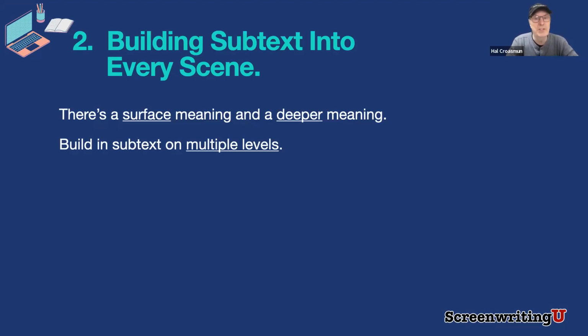This is multiple levels. The police come in, and it turns out the whole thing was a setup. The boss has been watching him on a closed circuit TV camera or whatever. And so there's at least two levels beneath the surface. That stuff's pretty easy to build in if you're actually honoring this.